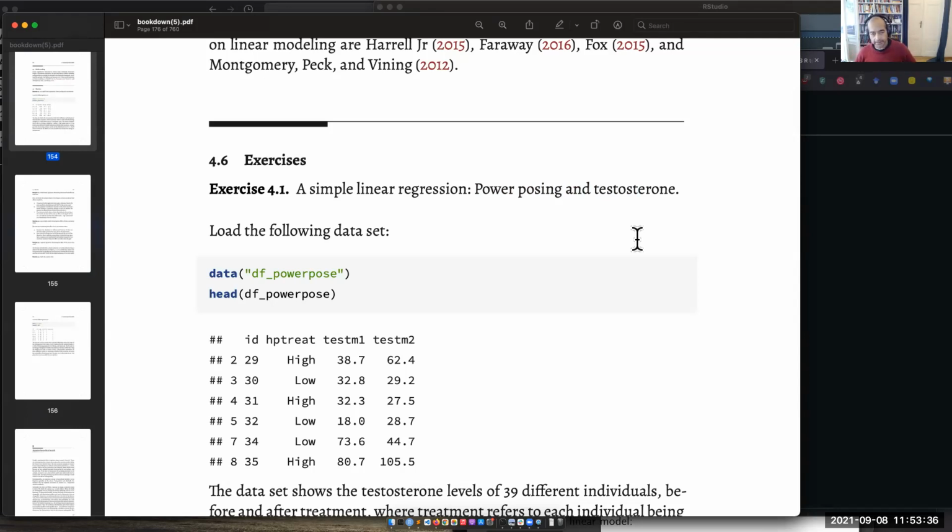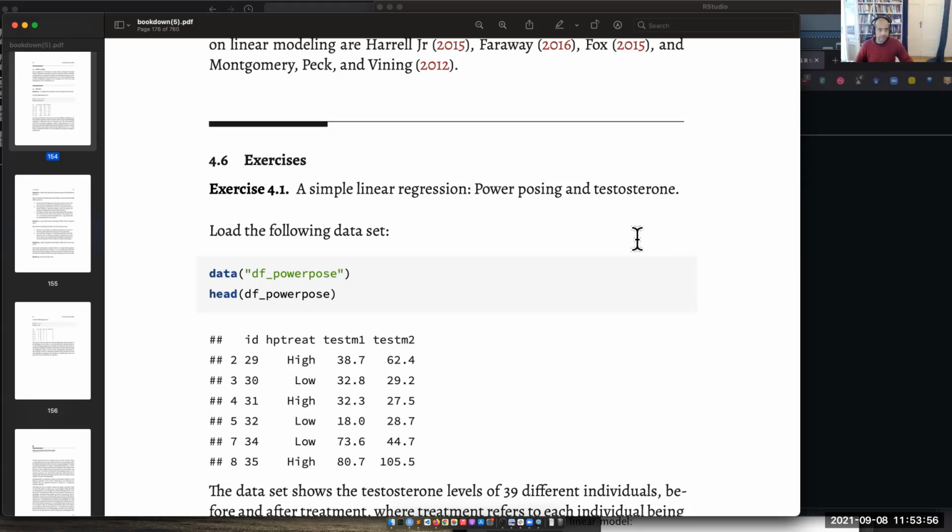And the claim in the TED Talk, which has been viewed something like 36 million times, was that the testosterone level goes up after the power pose, as opposed to a low power pose. I think a low power pose is something like standing like this.